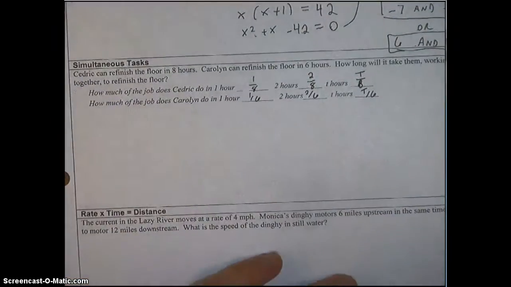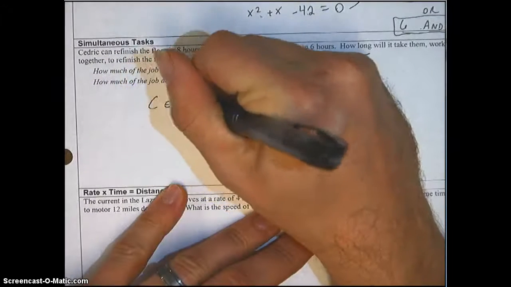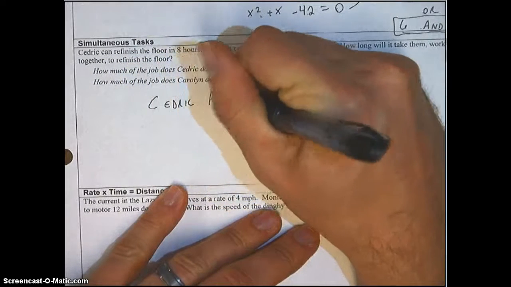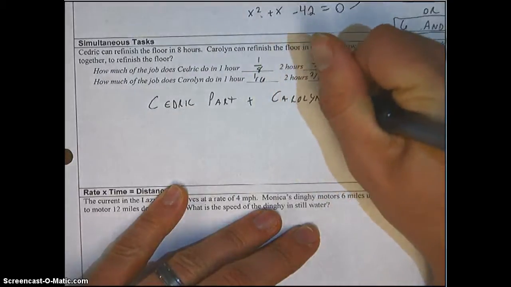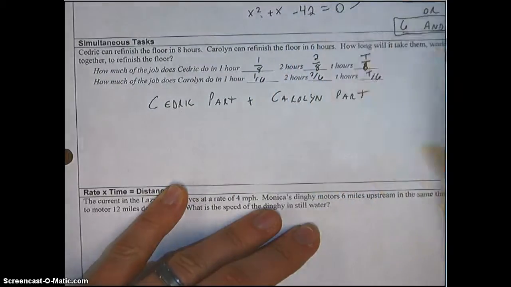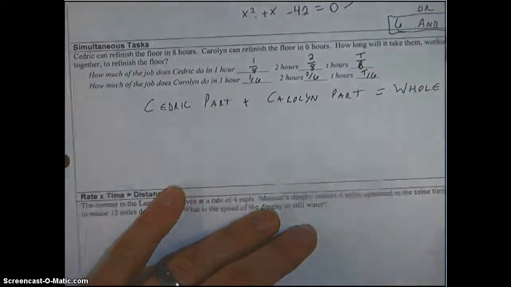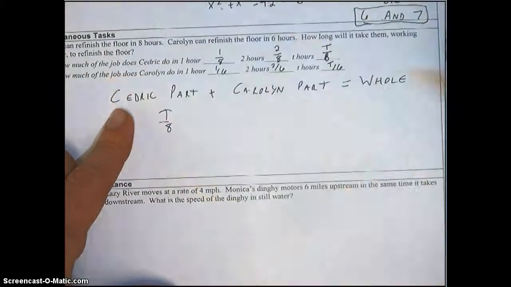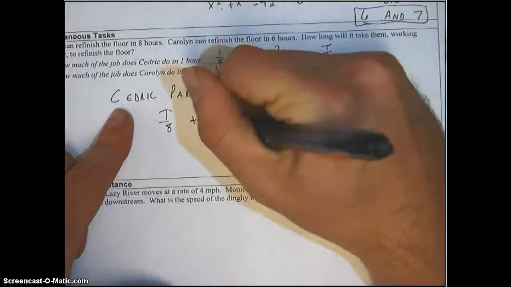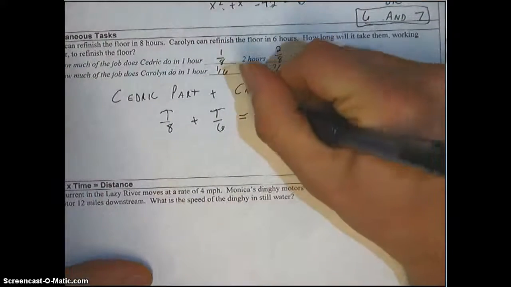So the way I like to think about this is, to get the whole floor, you're going to do Cedric's part plus Carolyn's part, and that whole thing is going to equal the whole job, the whole floor. So Cedric's part, we've already said, is t over 8. And Carolyn's part is t over 6. So the whole thing, 100%, well, that's just going to equal 1.